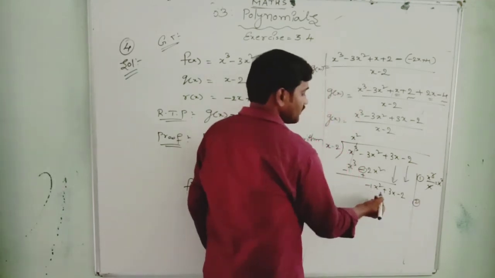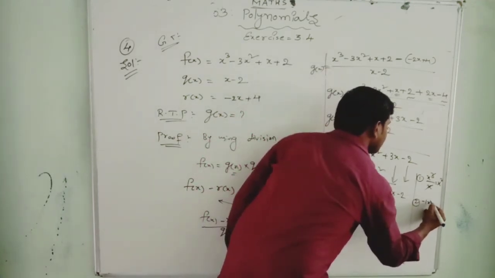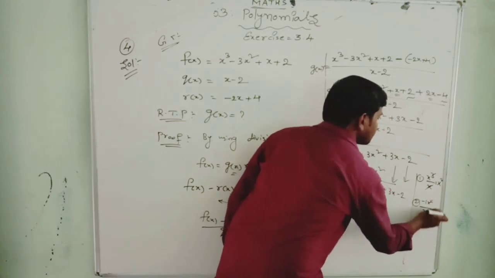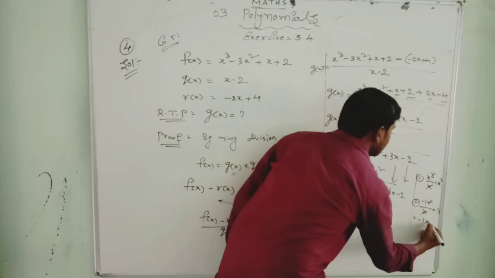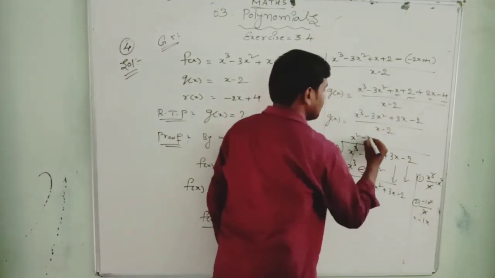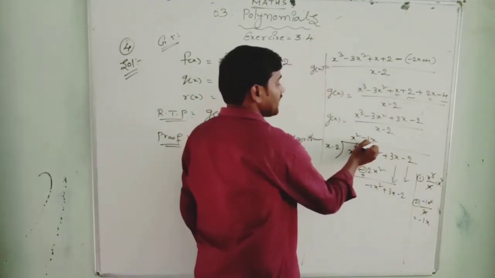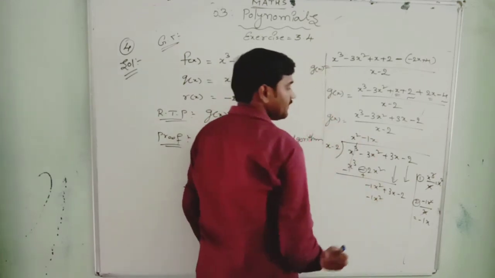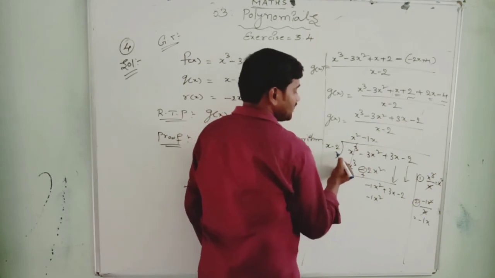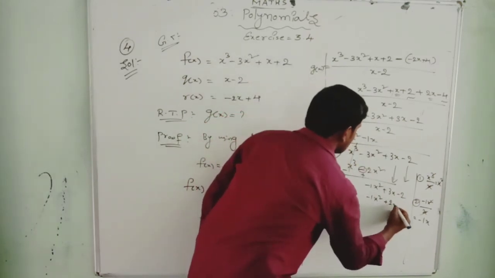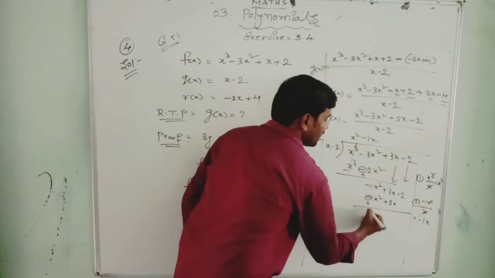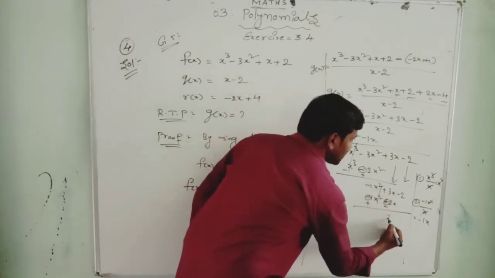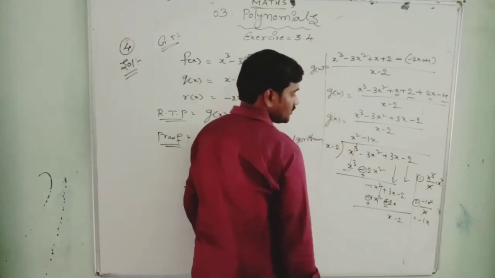Second step: minus 1x square by x, the x cancels, giving minus 1x. Minus 1x into x minus 2 is minus 1x square plus 2x. Now it becomes a plus and this is minus, so we cancel both. 3 minus 2 is x, leaving x minus 2.